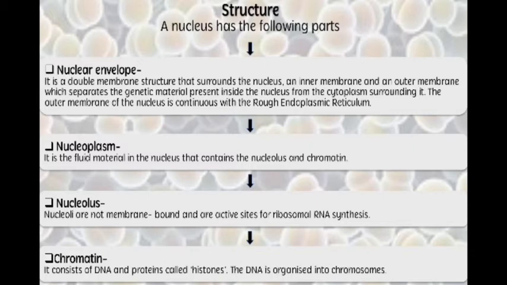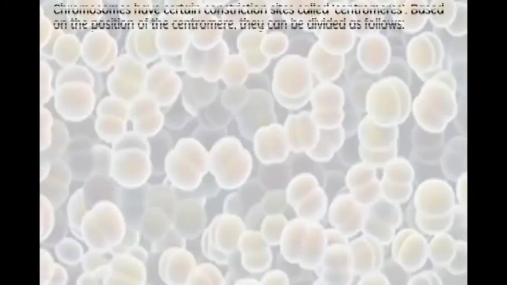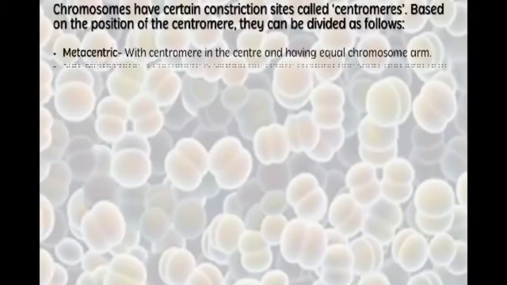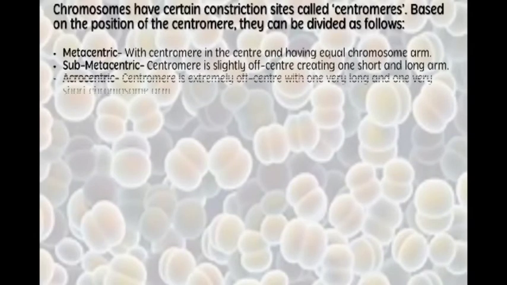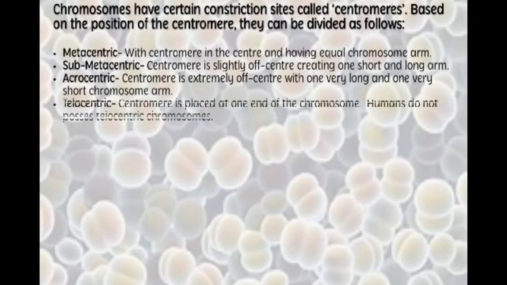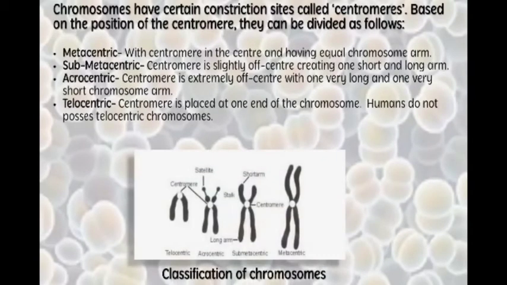Chromosomes have certain constriction sites called centromeres. Based on the position of the centromere, chromosomes can be divided into four types: metacentric, submetacentric, acrocentric, and telocentric. Metacentric is with the centromere in the center and having equal chromosome arms.